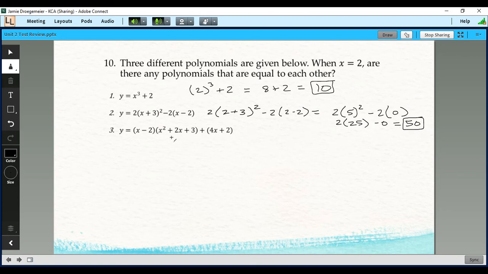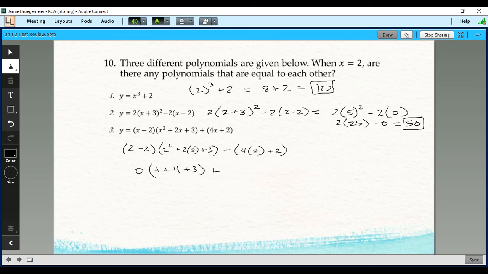And then our last one here, we're going to plug in 2 for x in each case. So it's a little more complicated. All right, so 2 minus 2 is 0 inside my parentheses. 2 squared is 4. 2 times 2 is also 4, plus 3.